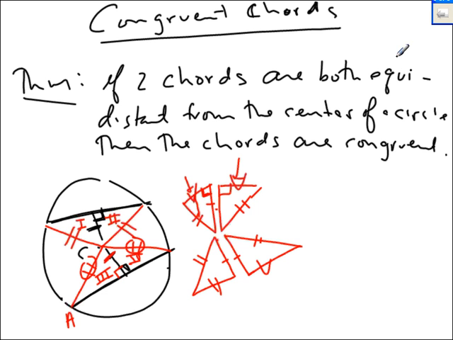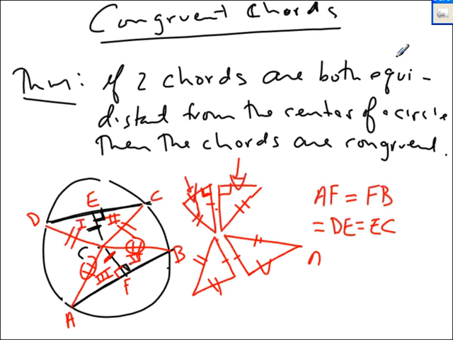Let's label this A, B, C, D, E, and F. Well, I know that AF is equal to FB, which is equal to DE, which is equal to EC. These 4 are equal. Well, AF in particular equals DE, and FB equals EC.